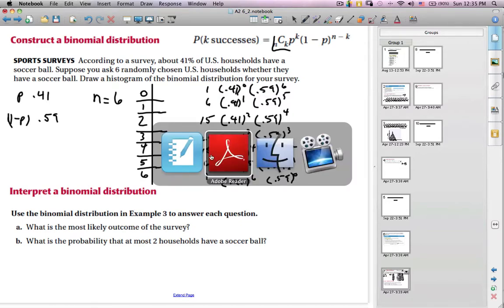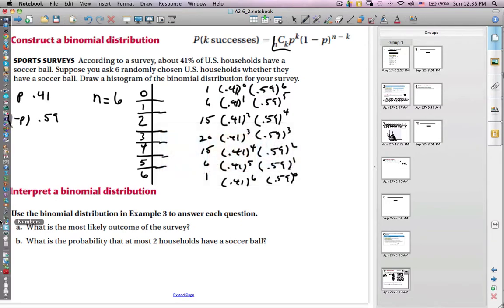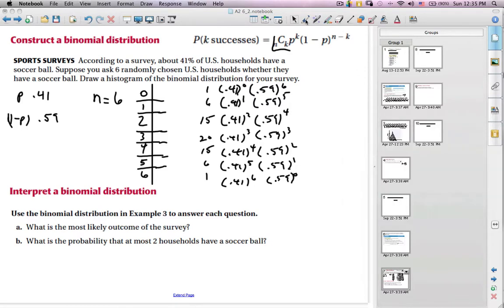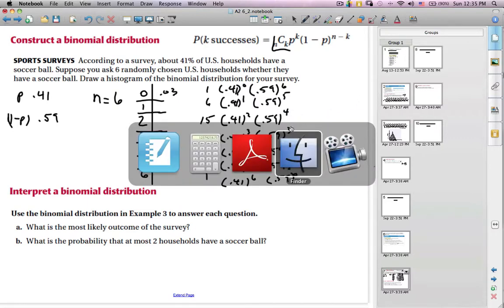So let me get a calculator out. And then I can start calculating these values. So I know I'm going to have 0.59 to the 6th power, times 1 times 1. So I'm going to have 0.03, or 3%. Okay, and let's do the next one.